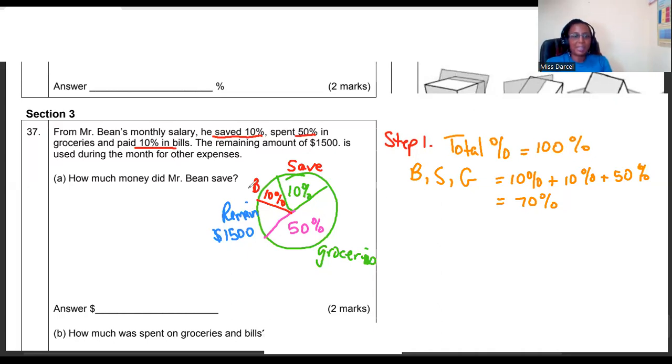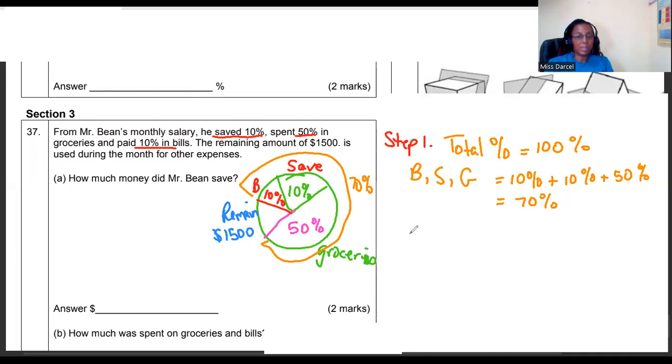So what that means is that this whole section here is 70% of his salary, right? Boom, we know that. All right, so let's find out the remaining in percentage though. We know what it is in dollars, but we don't know what it is in percentage.